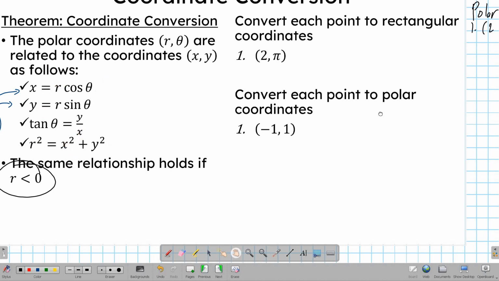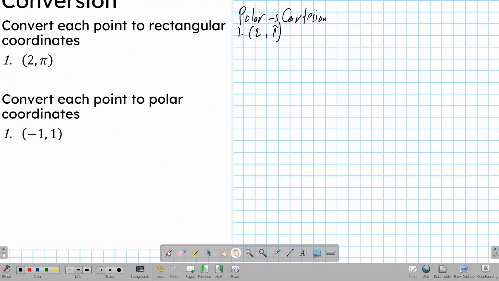To figure out the Cartesian coordinates, we need to look for the value of x and the value of y.